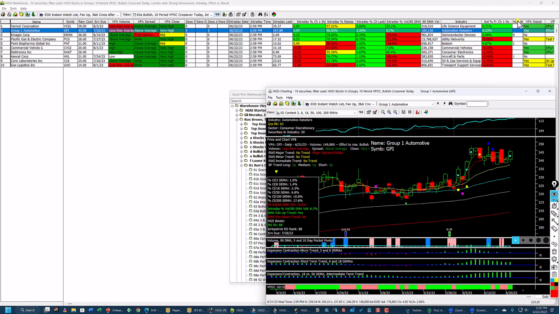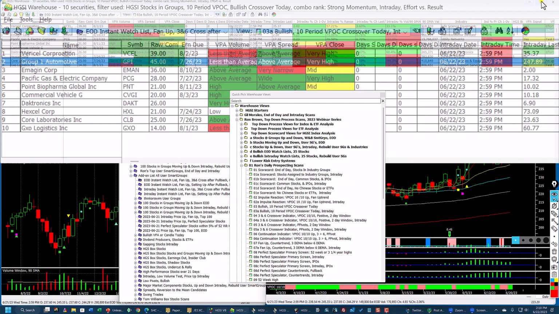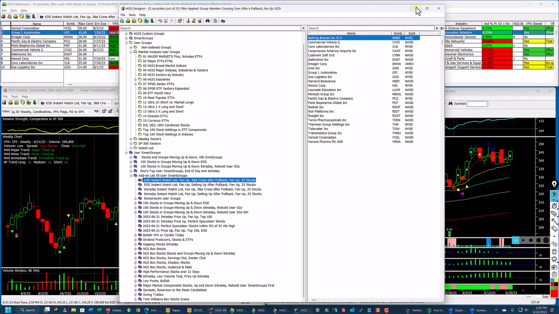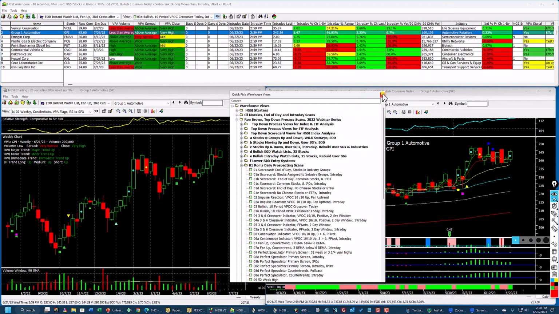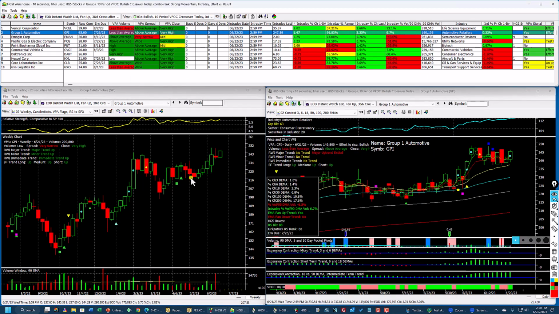So if I bring this up and clean some of this up, you can see the weekly chart is up. I always try to look at the weekly chart first. There were 4 weeks up and 1 week down, and the week is starting positive. This is where the volume point of control went positive right here, and you can see it in this column here.